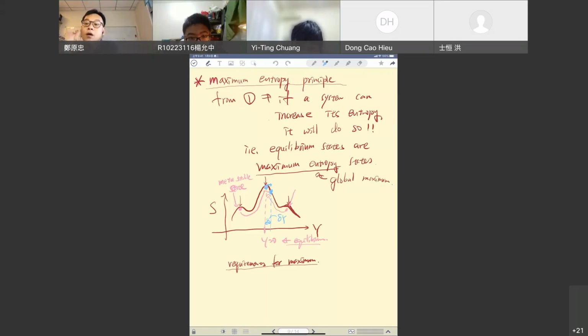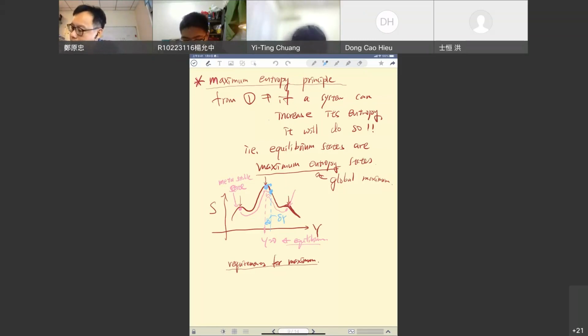So a small perturbation around the equilibrium point will decrease the entropy. Otherwise, it's not a maximum. If it's a minimum, then any displacement will increase the function. For a maximum, any displacement will decrease the function.